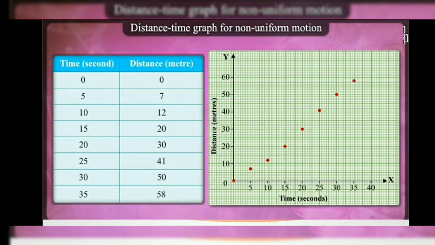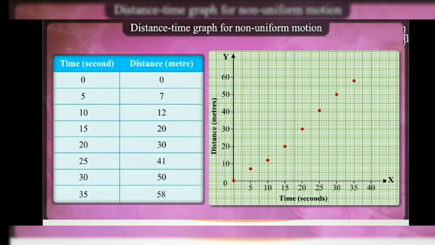Times in seconds are 0, 5, 10, 15, 20, 25, 30, 35. So there is an equal time interval of 5 seconds. And the distance covered is 7, 12, 20, 30, 41, 50, 58 respectively.